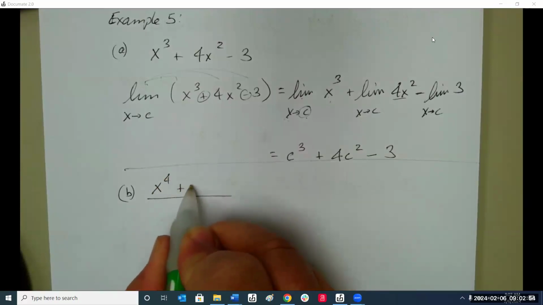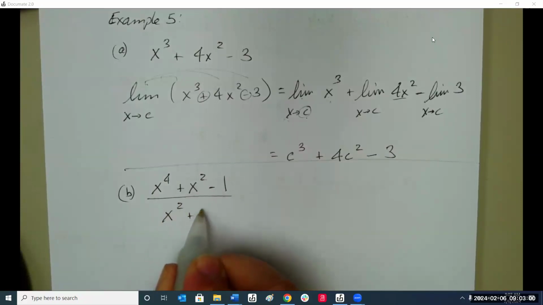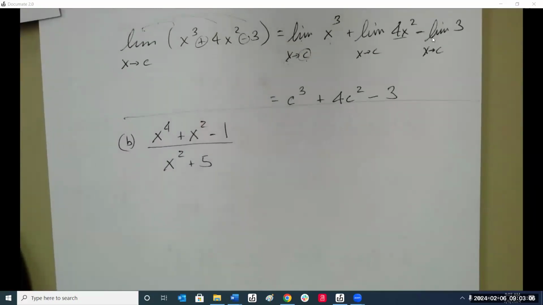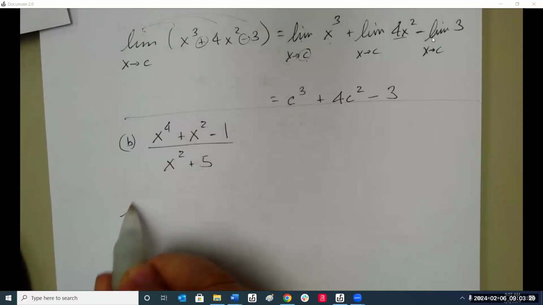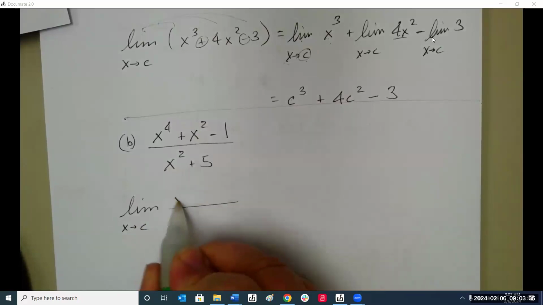Next: x to the fourth plus x squared minus 1 divided by x squared plus 5. Find the limit of that one. Remember, I'm looking for the limit as x approaches c of that entire function.